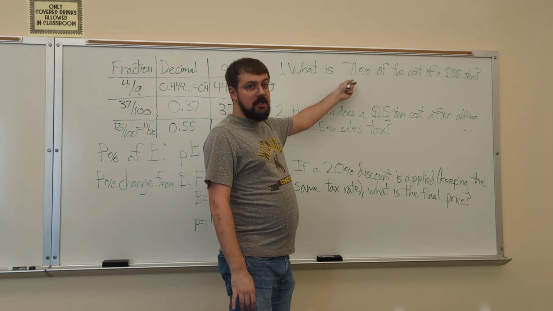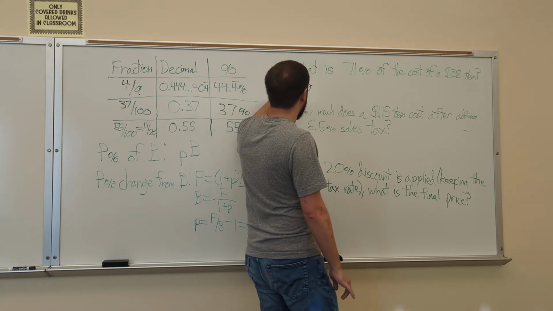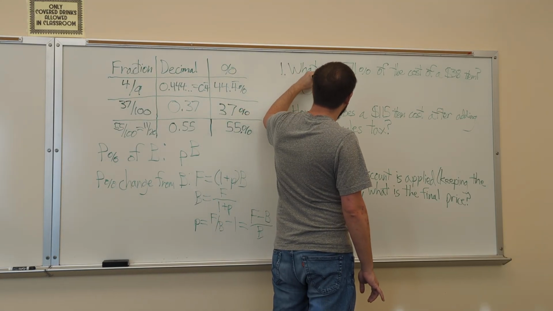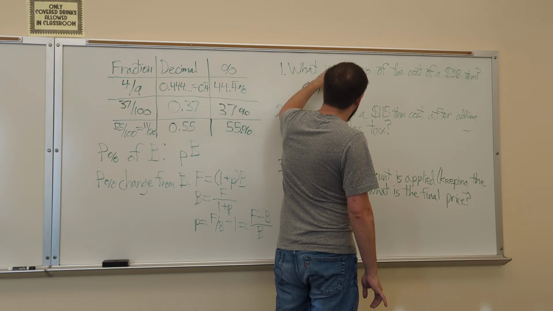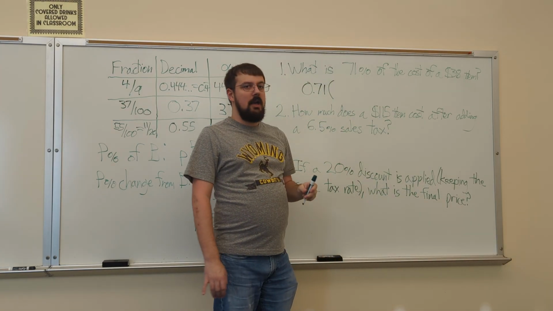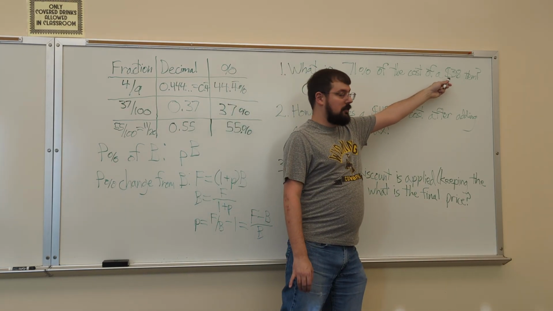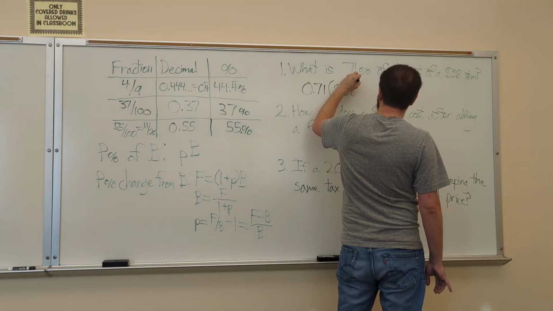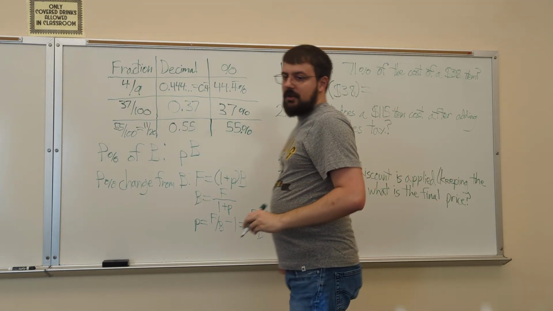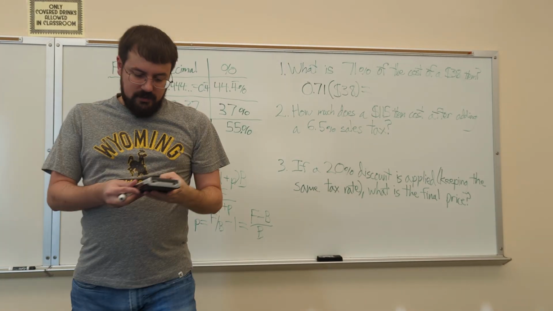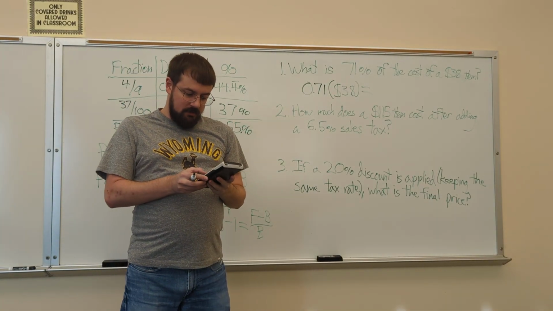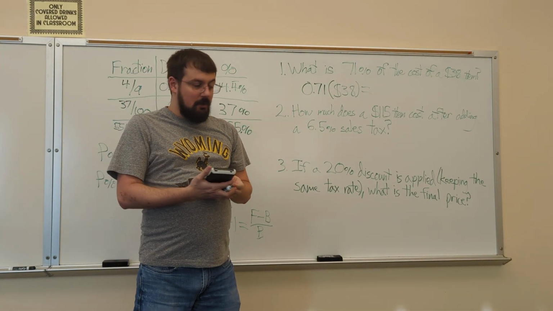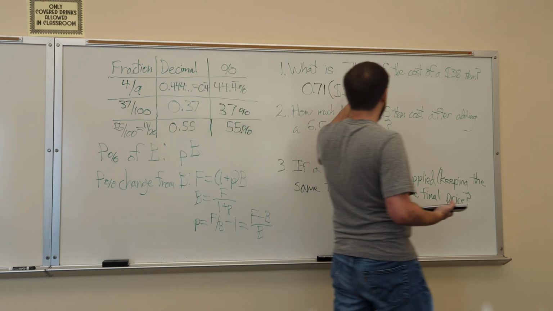So 71%, if we express this as a decimal, that's going to be 0.71, and we're going to multiply this by b, our cost, $38. So 0.71 times 38 works out to be $26.98.